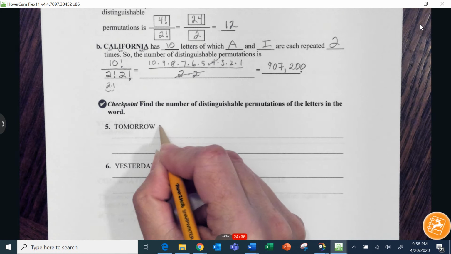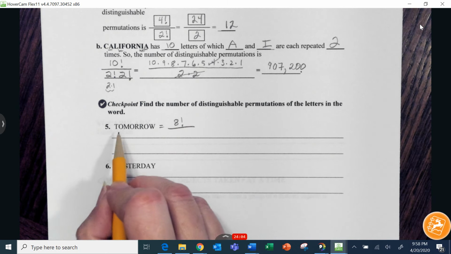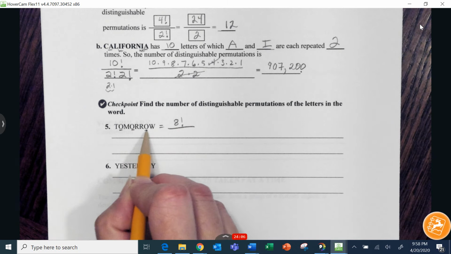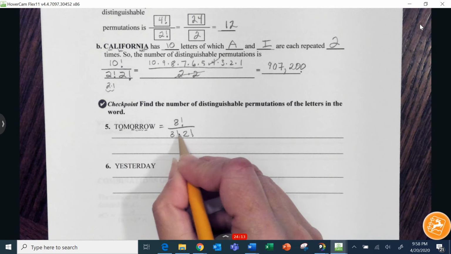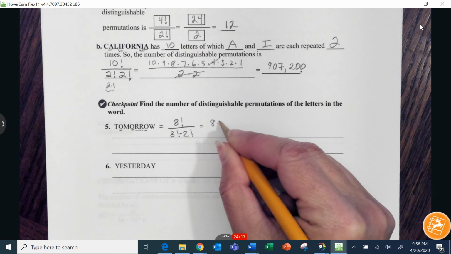Okay, the word tomorrow has 8 letters, and then we look here, there's 3 O's, so I'm going to do 3 factorial, and then we also have 2 R's, so I'll have a 2 factorial in the bottom, and they're multiplied together. So we've got 8 times 7 times 6 times 5 times 4 times 3 times 2 times 1.